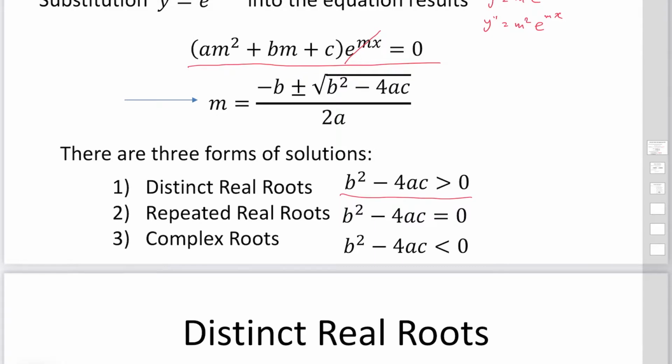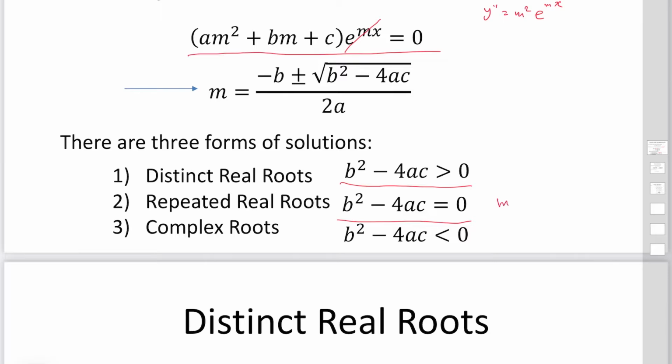When b squared minus 4ac equals 0, m is expressed as minus b over 2a. We have only a single solution, a repeated real root. The last case is when b squared minus 4ac is a negative quantity. In this case, the solution becomes a complex root.